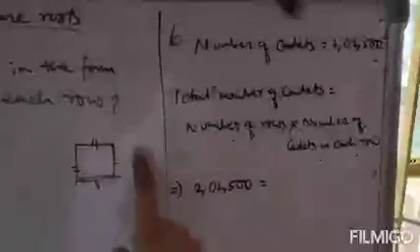This is a square. As this is a square, therefore the number of rows and the number of cadets in each row will be equal. Clear? So we will put the number of cadets in each row in place of the number of rows, as this is equal.